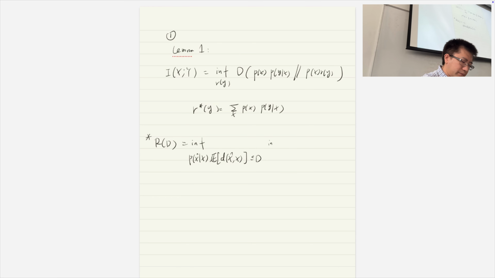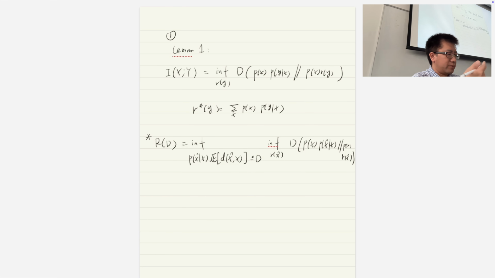The second infimum is over R_y, which is basically our X hat now, of D(P_{X hat|X} || R_X hat | P_X).